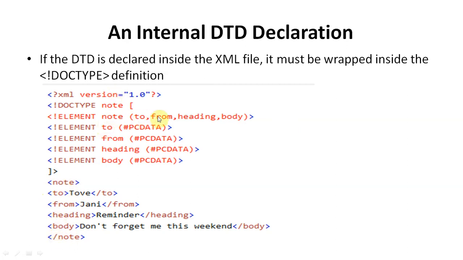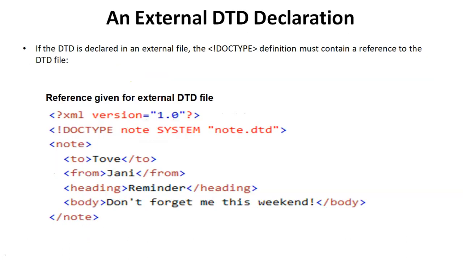So inside note we have four elements, to, form, heading, and body, and their type is PCDATA, meaning parsed character data. So this is the internal DTD, and the same program is converted into an external DTD.